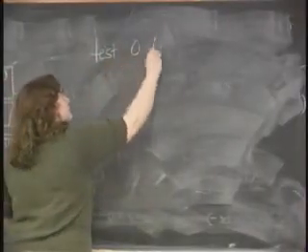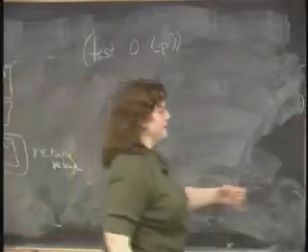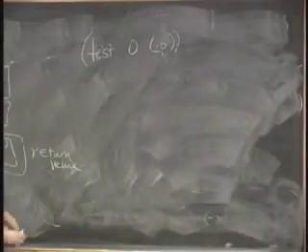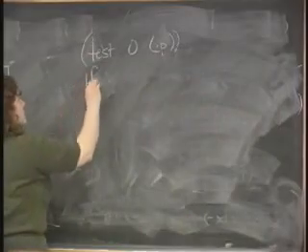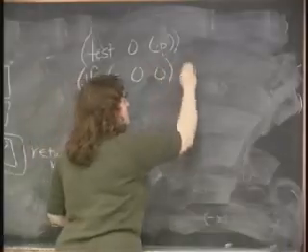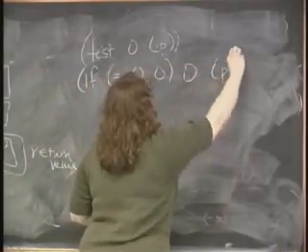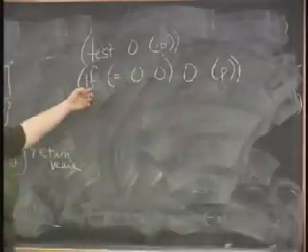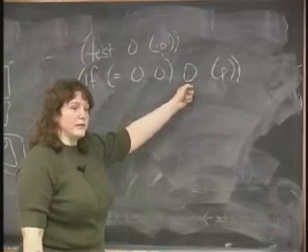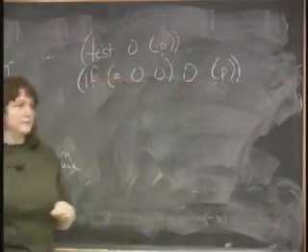Test 0 P is going to expand into the body of the lambda with the variable replacement. In this case, if X equals 0, 0, otherwise P. We only evaluate one case. Because if is a special form, we check the predicate, it's true, we only evaluate the consequent, we never evaluate the alternative. Okay. Yes?